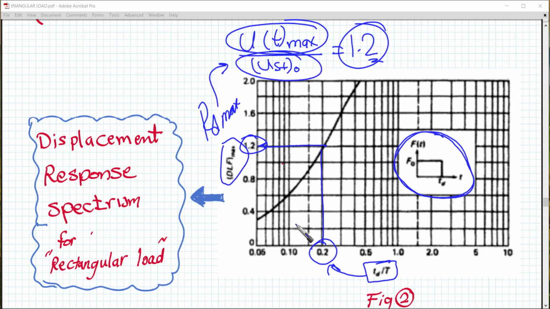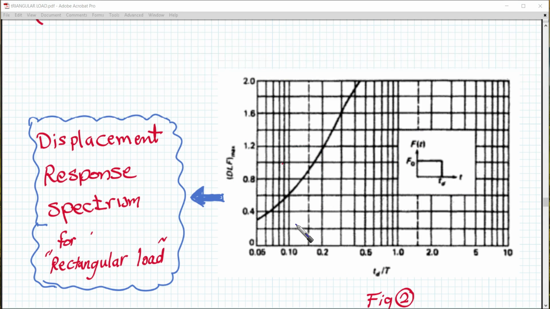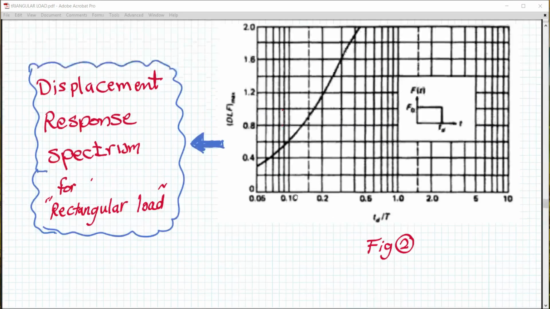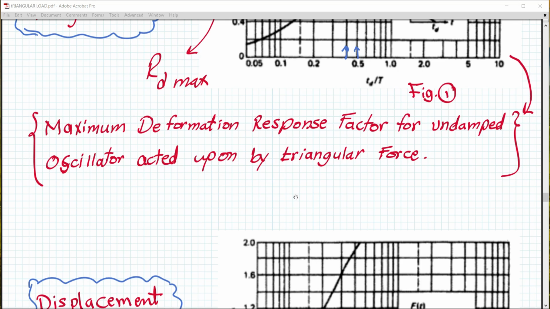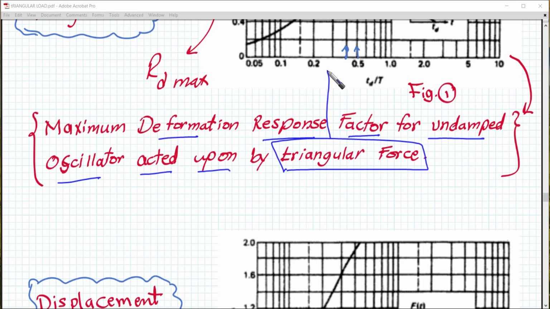Okay. So I think that we have understood now what is the meaning of these graphs, and they are titled maximum deformation response factor for undamped oscillator acted upon by triangular force, if we're talking about this graph, and rectangular force, if we are talking about the below graph.